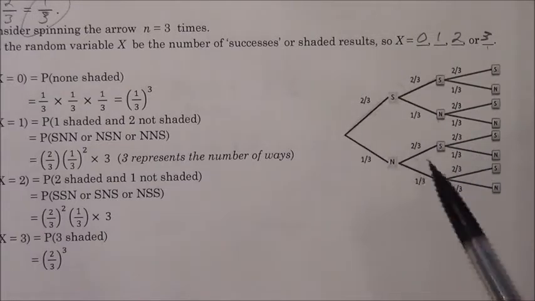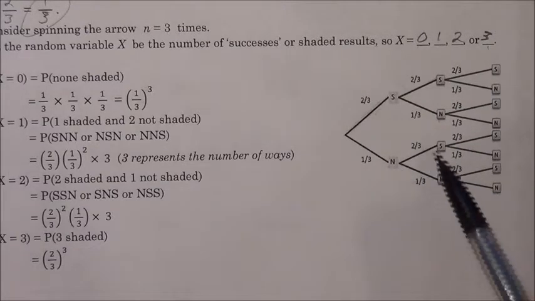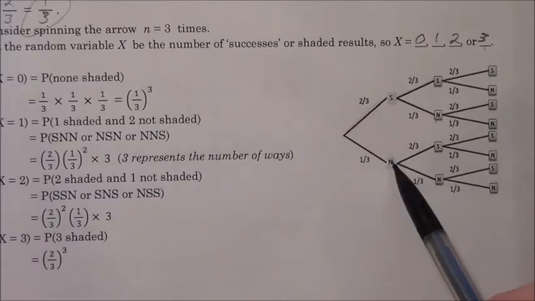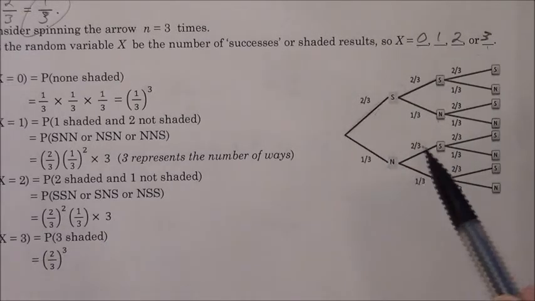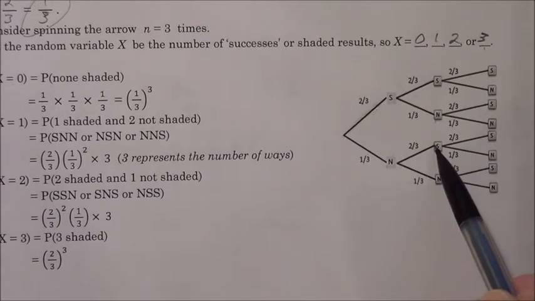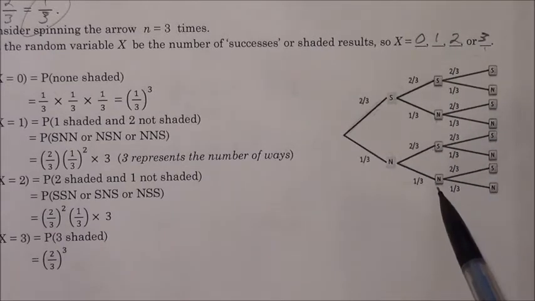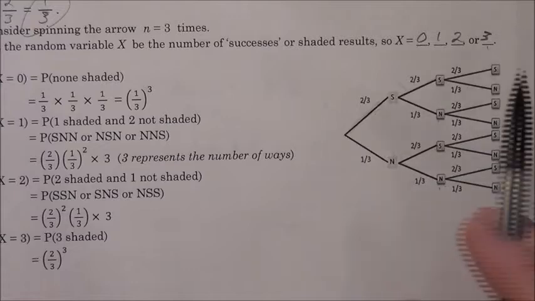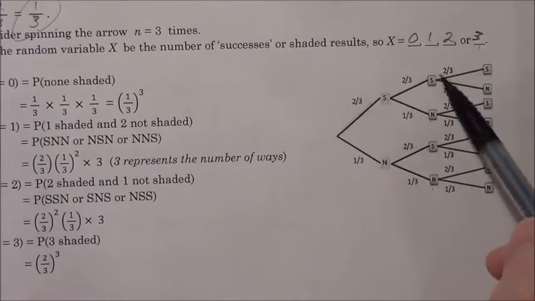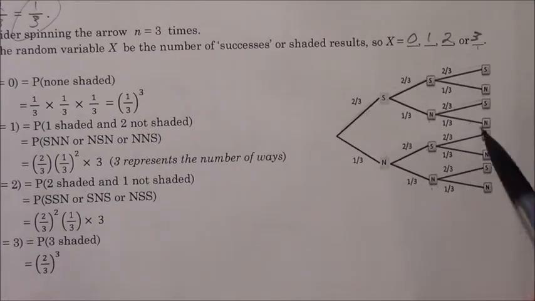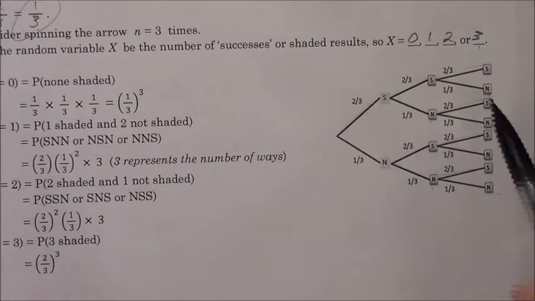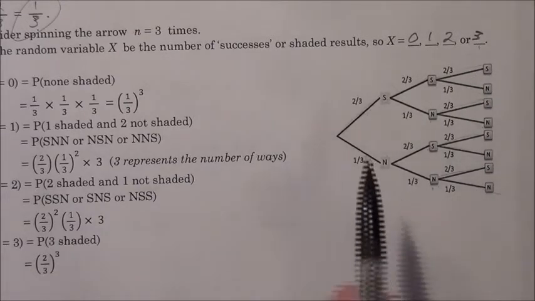And then down here we can look at the same probabilities. After it lands on a non-shaded section, we spin it for the second time. It could either be 2/3 probability that the arrow lands on a shaded section, and 1/3 it lands on the non-shaded. And then that continues on.